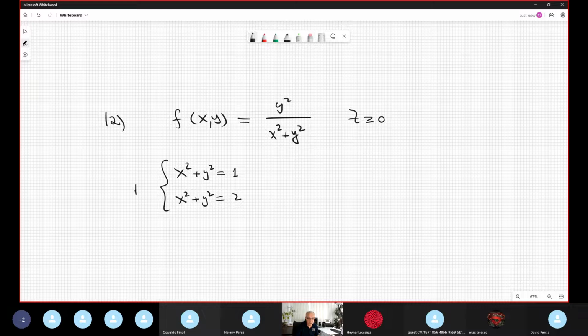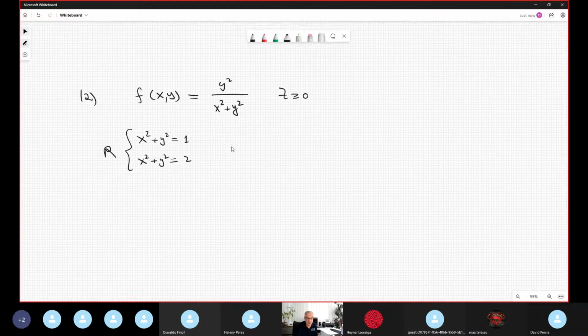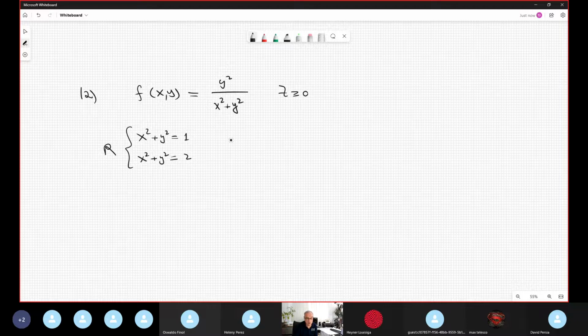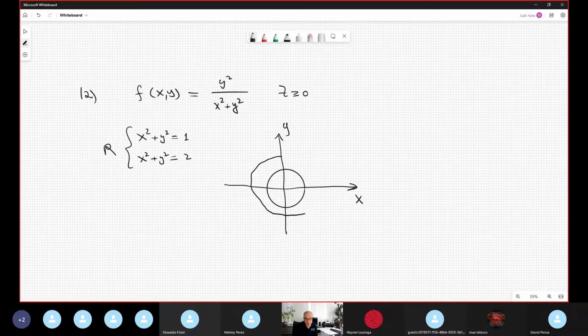But I don't get frustrated with this because I don't need to do anything in 3D, since I suppose that the height of this solid is the function. So now I focus on the region. The region looking in the XY plane is two circles. One circle has radius 1 and another circle has radius 2. And this is my region. My region is the ring.